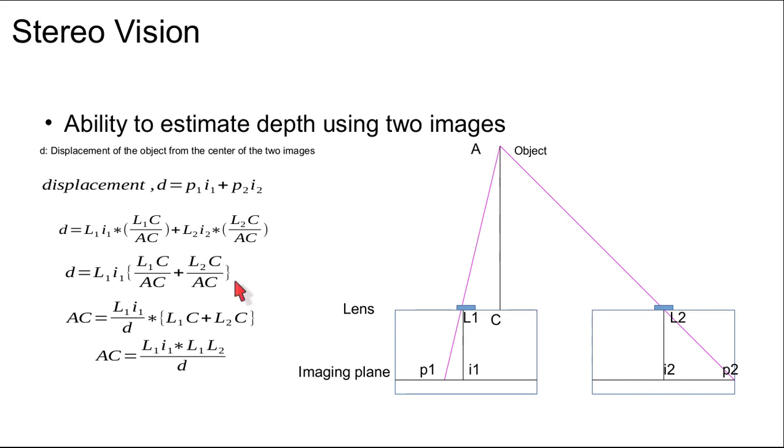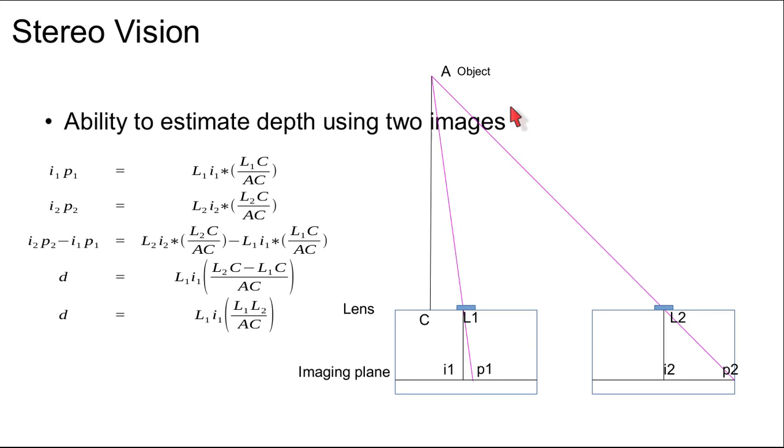The equation can further be expanded to give AC is equal to L1 I1 times L1 L2 divided by D, where L1 L2 is the distance between these two pinholes or apertures of the camera. It's rather easy to see that AC is now giving you the depth of the object given the disparity D and these parameters, which can be obtained from the camera.